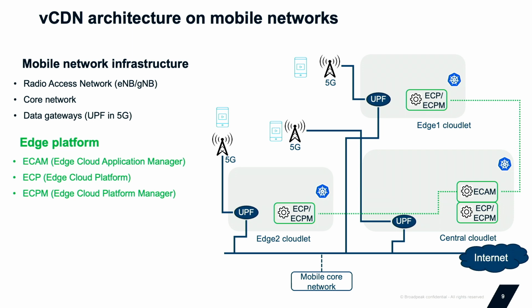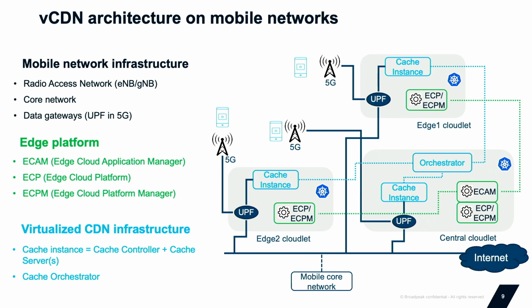I'm not going to detail their functionality, so you can read the paper later on. However, they basically help to instantiate the virtual applications anywhere and anytime. And finally, a virtualized CDN infrastructure that can be deployed on top of the edge platform.